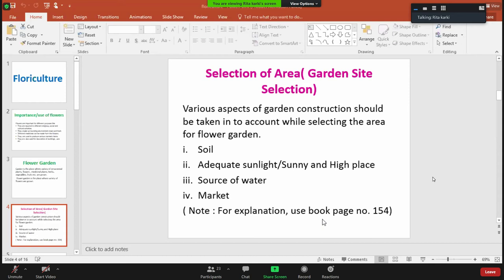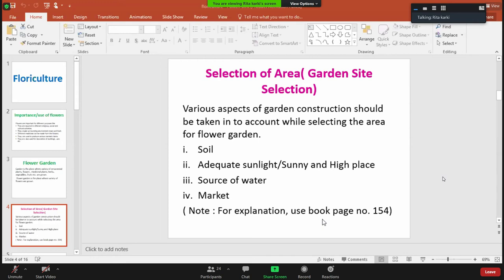In the presence of sunlight and chlorophyll only, photosynthesis can be carried out by the flower. Only at a site that obtains a proper amount of sunlight can the flowers and ornamental plants grow and develop properly.